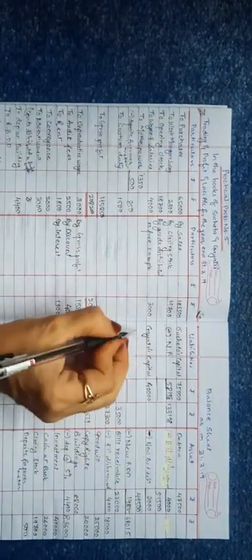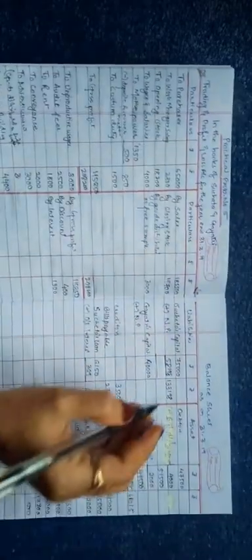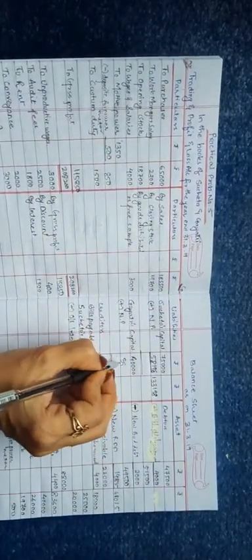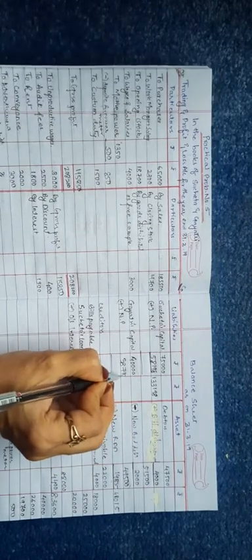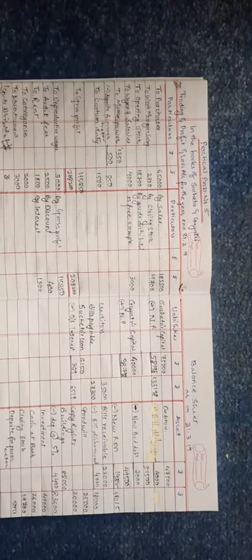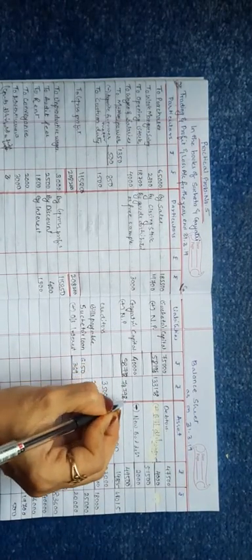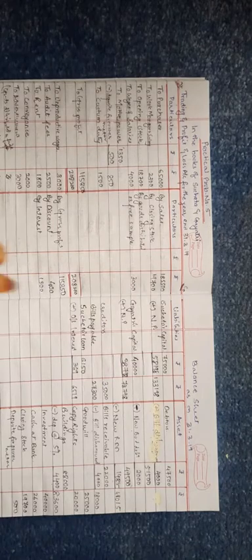Same for Gayatri: add net profit, take the net profit of Gayatri, that is 38,798, take the total and write in the outer column. So here we are done with both of the capitals.